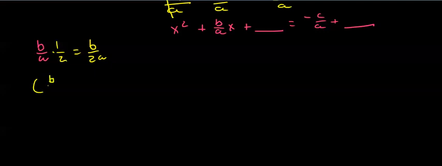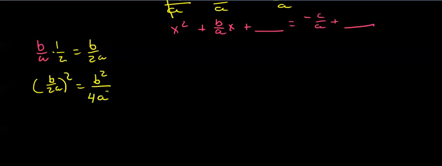b over 2a squared, which is b squared, 2 squared is 4, a squared is a squared. So I have b squared over 4a squared plus b squared over 4a squared.